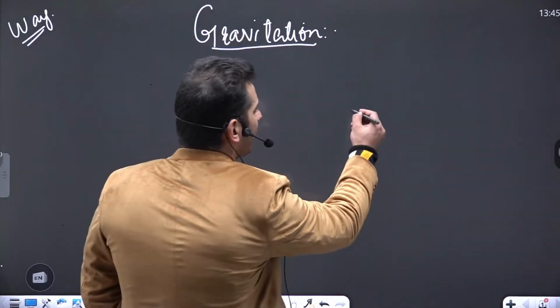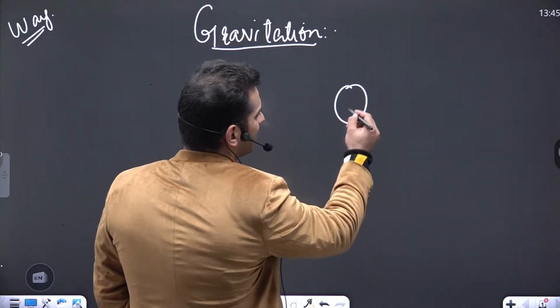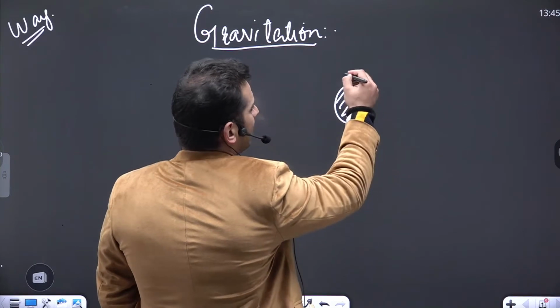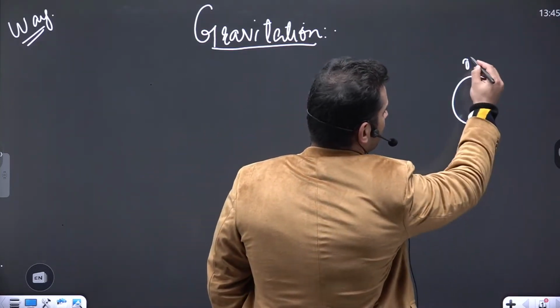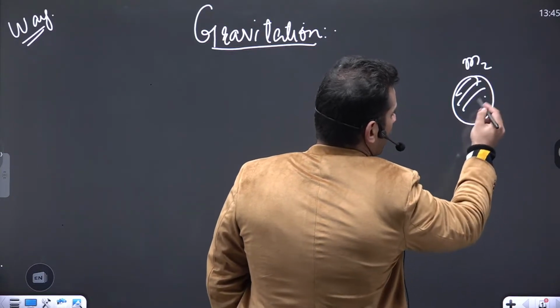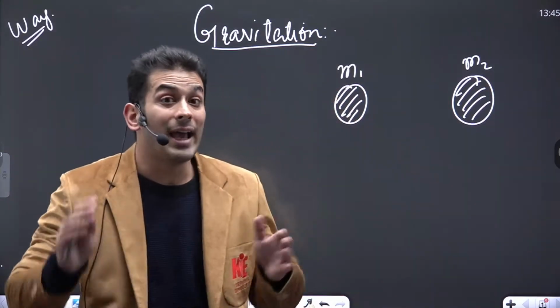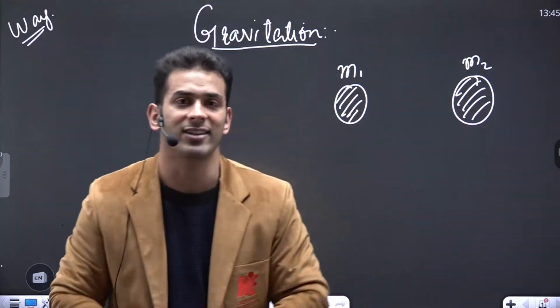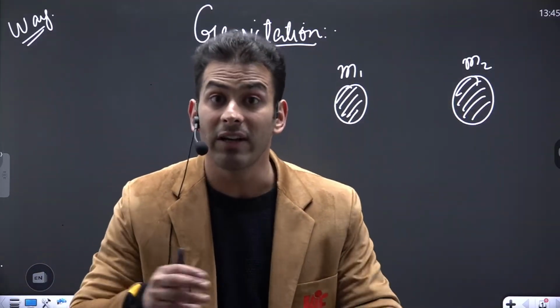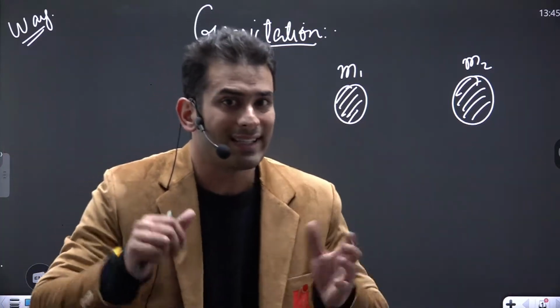If I am having a mass, this is the mass. Okay, beta? Let it be M1. There is a second mass, M2. Okay, beta? What I'm trying to explain, whenever there are two masses in contact, this mass and this mass, they will do one thing, beta. They will try to pull each other towards itself. Okay?